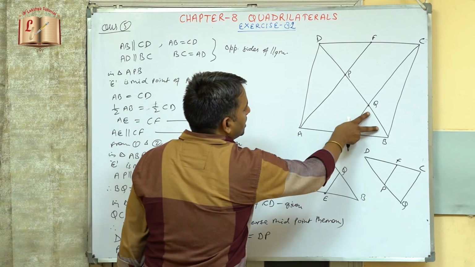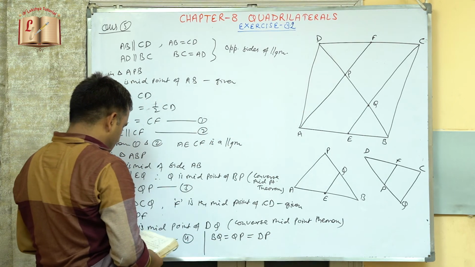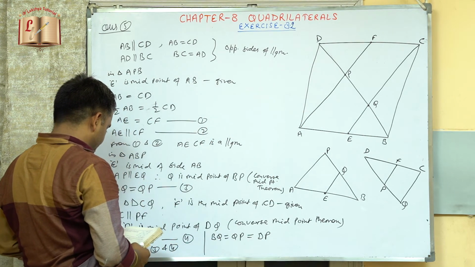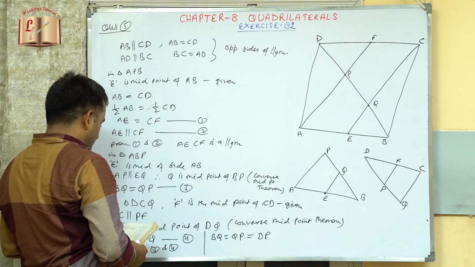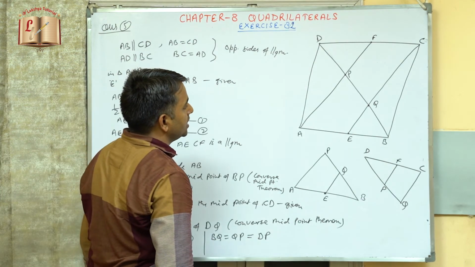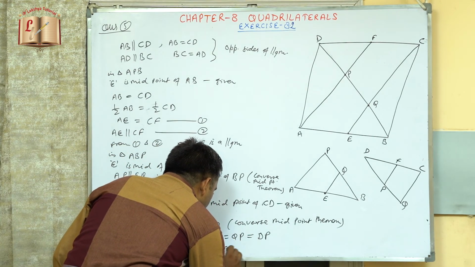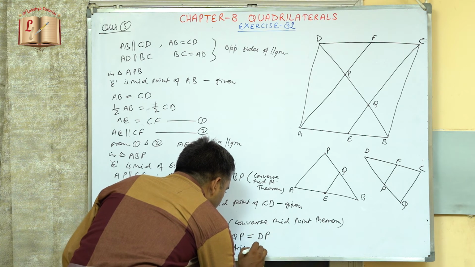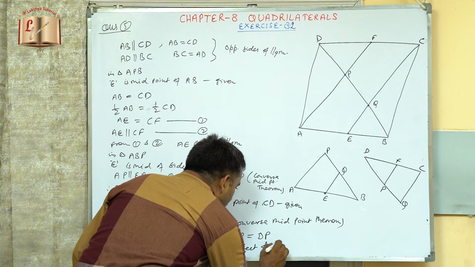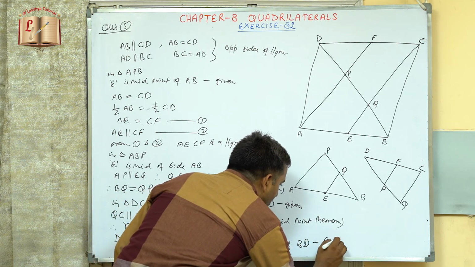So this part is equal to this part, and this is equal to this part. Therefore we can say that EC trisects the diagonal BD. So this is proved.